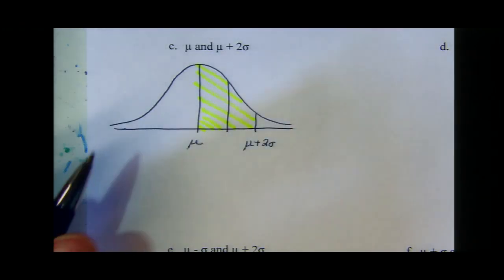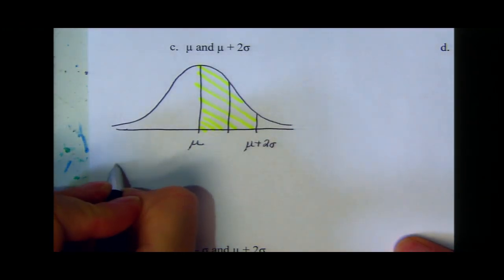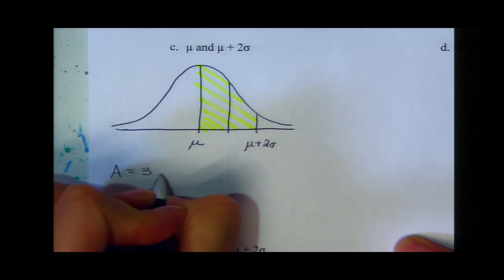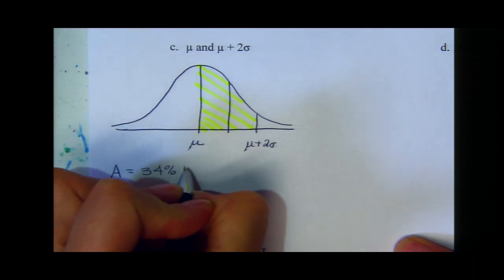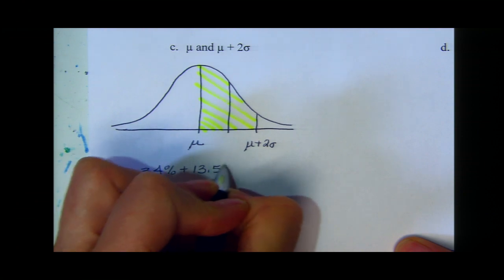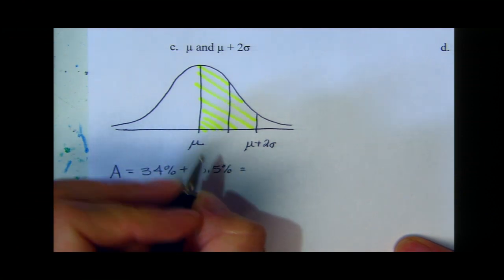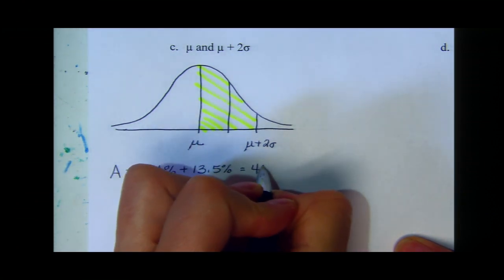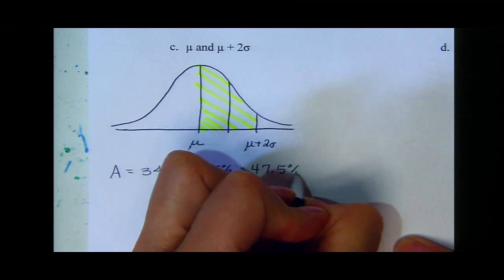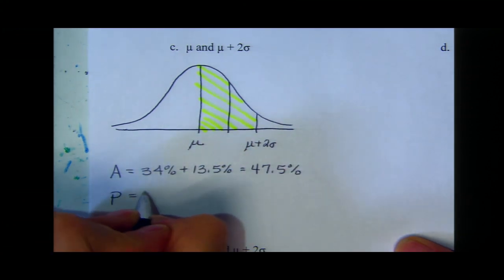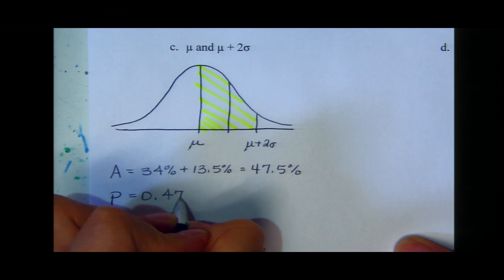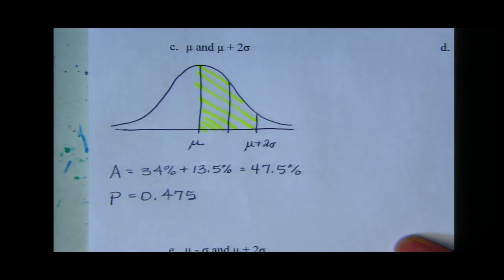So for area, it would be 34% plus 13.5%, which gives us 47.5%. And as a probability, you would just write that as a decimal.